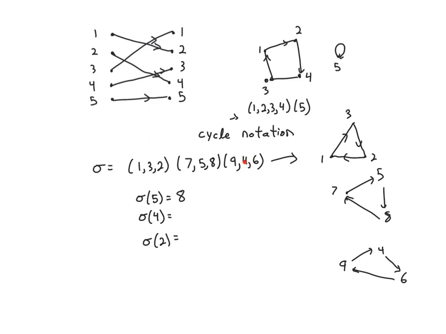Similarly, sigma of 4 appears on this cycle. The next value on this cycle is 6. So sigma of 4 is 6. Finally, 2. 2 appears on this cycle. The next value on this cycle is not 7.